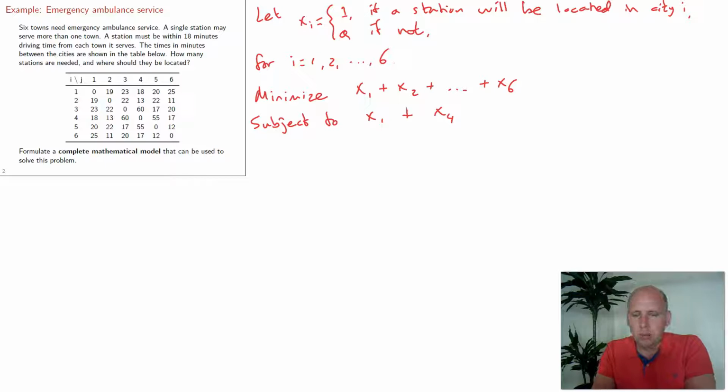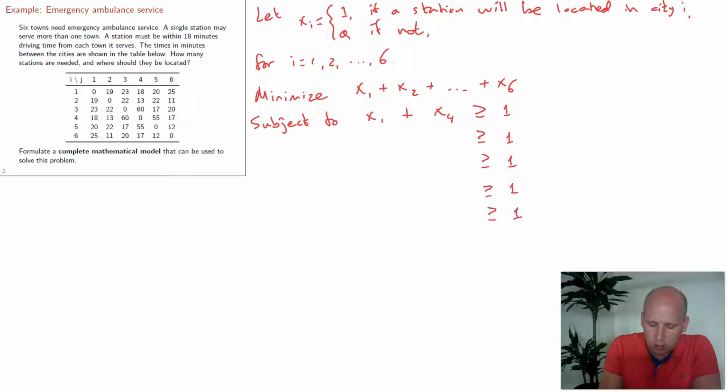It can be that in the optimal solution we will have one both in city 1 and in city 4, but we need at least an ambulance service in one of these cities. So this summation should be at least 1. And that's the case for all right hand sides. In each city we need to have at least one ambulance service that's not too far away.